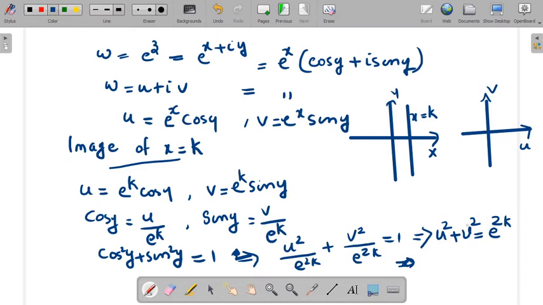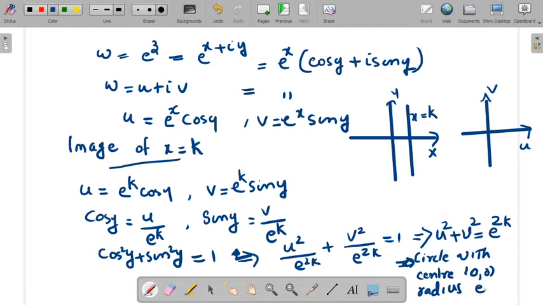What is the curve u square plus v square equal to r square? It is a circle whose center is 0, 0. Here r square is on the right side, so r is equal to e raised to k. So we get the image as a circle with center 0, 0 and radius e raised to k.